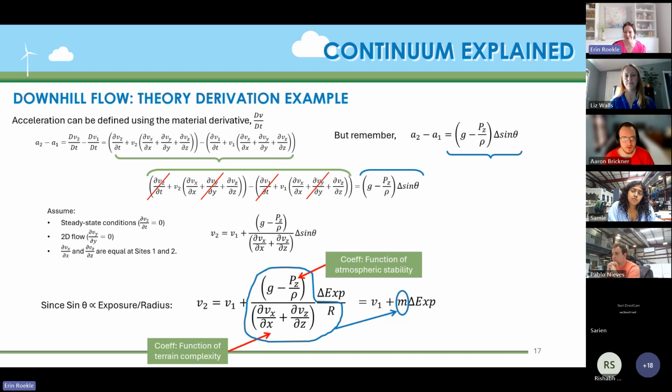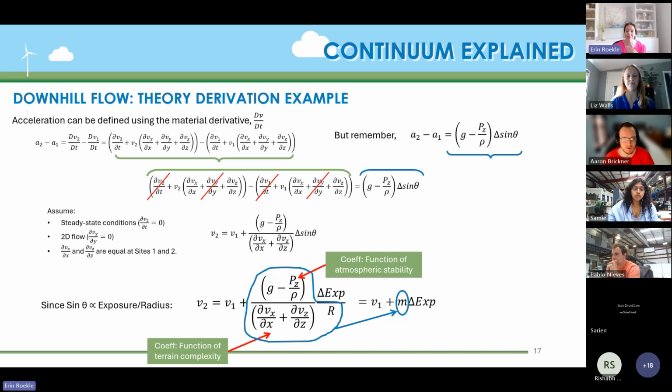there's a lot of rearranging going on in these equations. We end up with V2 is equal to V1 plus all of that that you can see on the screen. We're also going to tell you, hey, sine of theta, that slope of the flow, is directly related to exposure over radius.